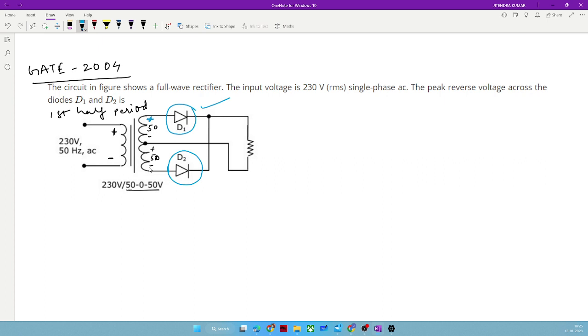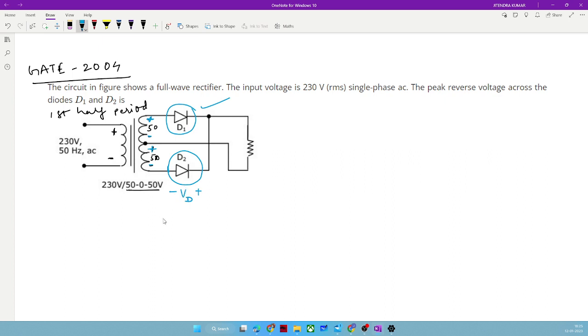But here, the question is a bit different. They have asked for the peak reverse voltage. So we can draw this kind of polarity, and if we can draw this, then nothing else is left. Let us assume this D2 is turned off. So if D2 is turned off, it will have some voltage VD, and its polarity will be in the manner I have represented here.